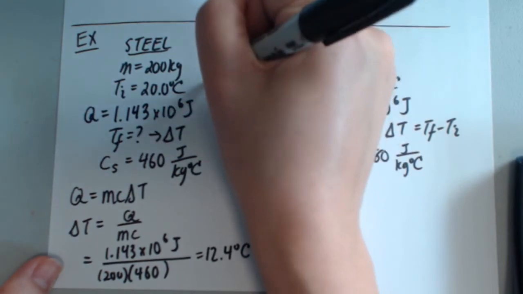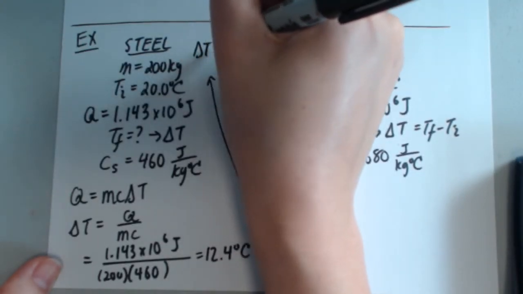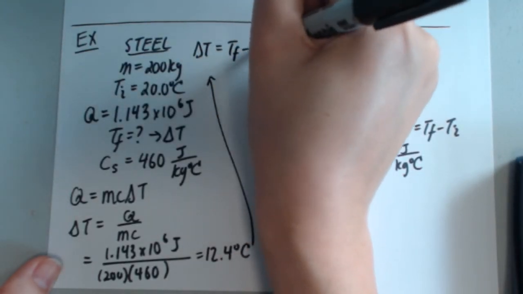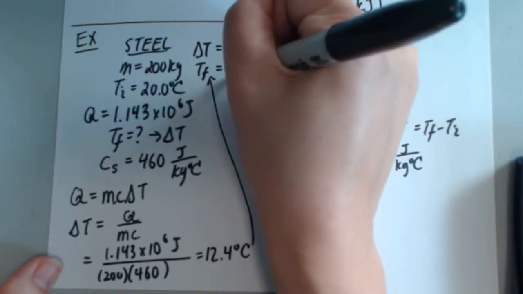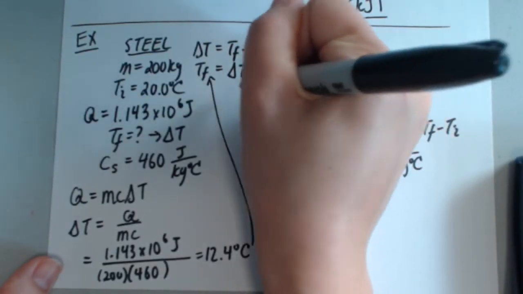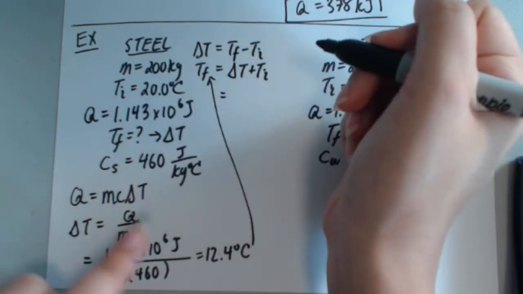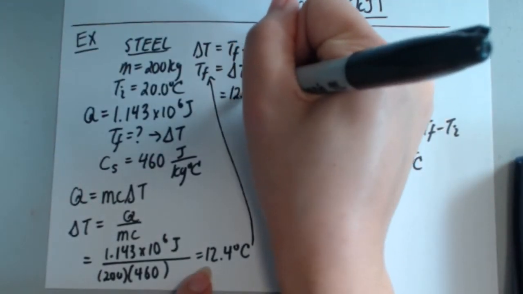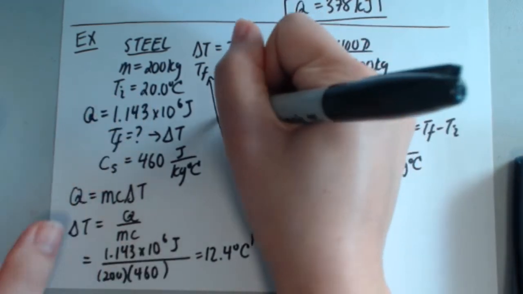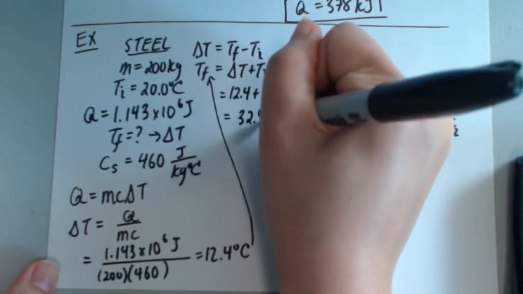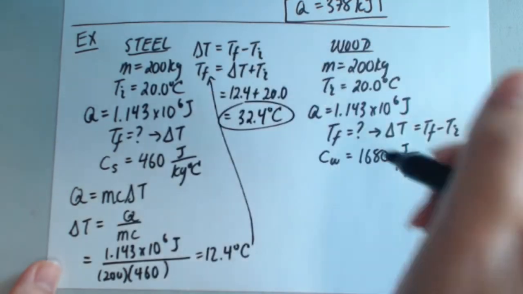So let me bring this back up here. Delta T is equal to T final minus T initial, so T final is equal to delta T plus T initial. So that's 12.4 plus 20, that's 32.4 degrees Celsius.